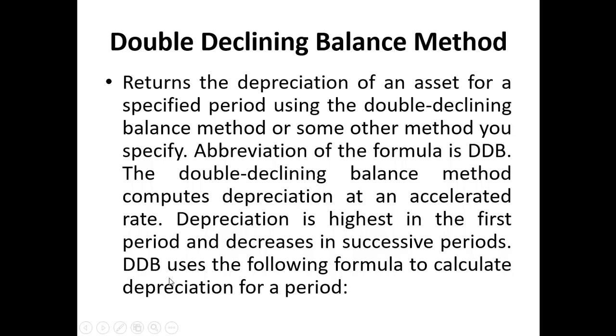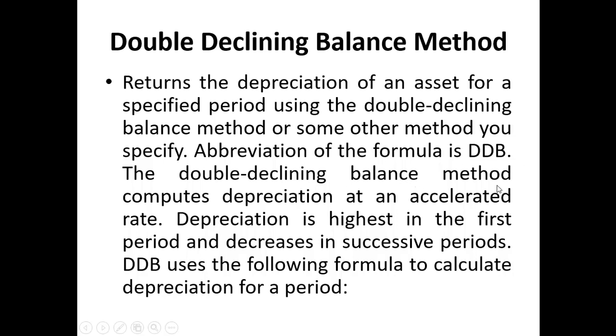You can see over here DDB is used in this particular method as the syntax, as the abbreviation, and the syntax would be explained later. This returns the depreciation of an asset for a specified period using the double declining balance method or some other method you specify. The abbreviation is DDB.